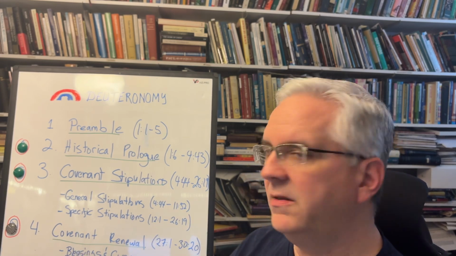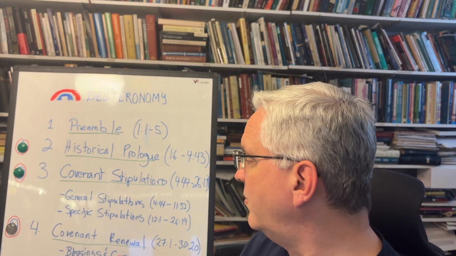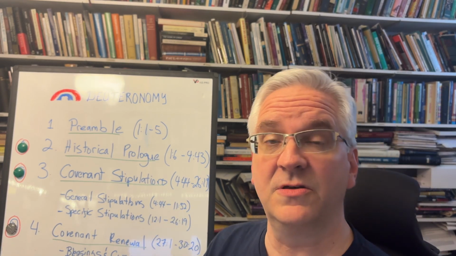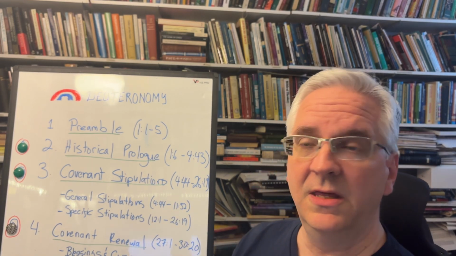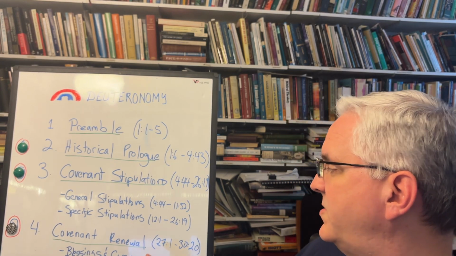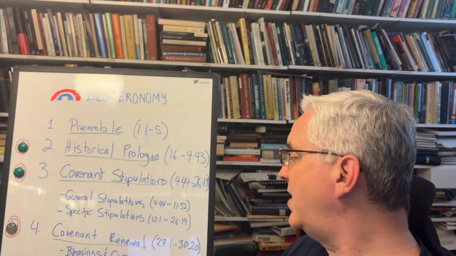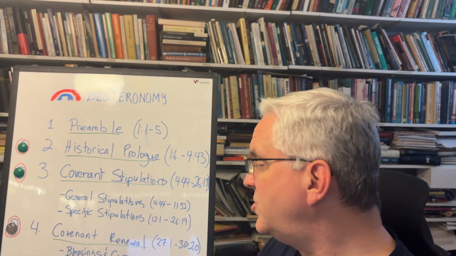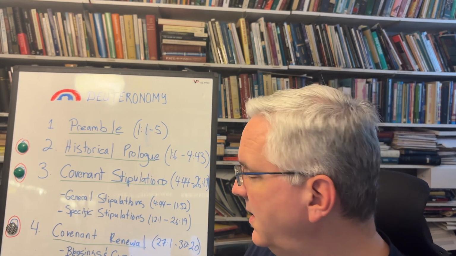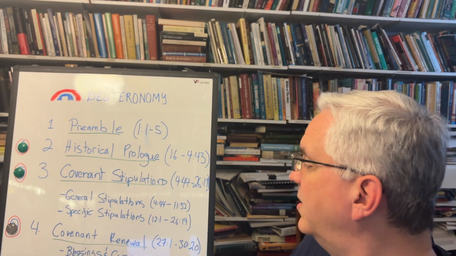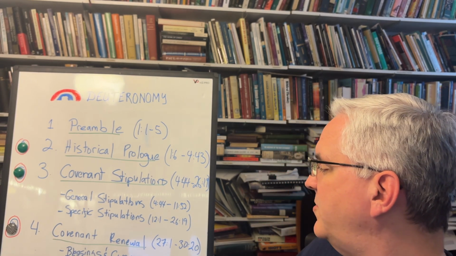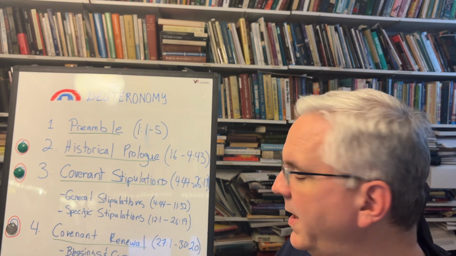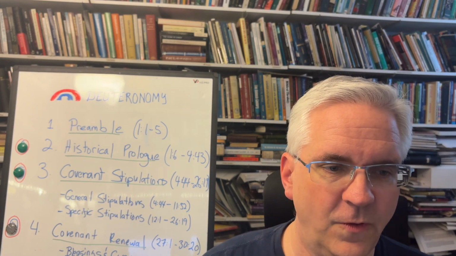And then at the end, we have means for covenantal renewal, chapters 27 to 30, with the blessings and curses associated with keeping or not keeping the covenant, in chapter 27, verse 1 to chapter 28, verse 68. And then the covenantal ratification and final exhortation of Moses, including the concluding speech, which we find in chapter 29, verse 1 to chapter 30, and the concluding speech in 31 to 34.